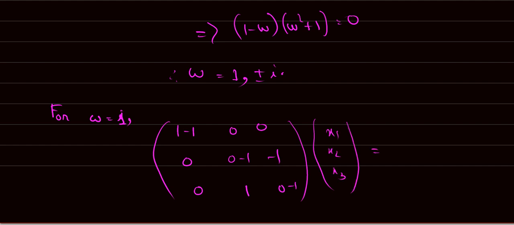This is our eigenvector. The matrix will act on this vector and give us the 0 vector. If you do the matrix multiplication, we will find these two answers.